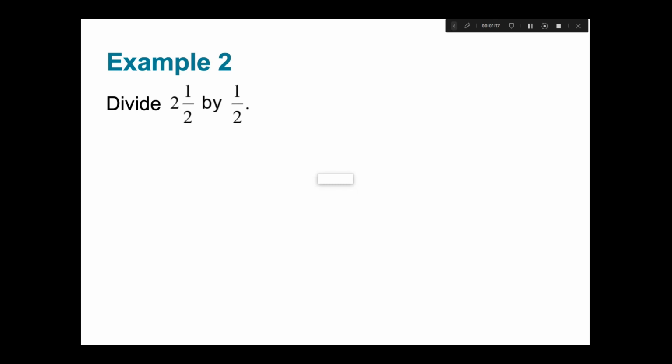Multiply and add. What am I multiplying? 2 times 2 plus 1 gives me what? And what does that have to go over the top of? 2. And I am dividing that by 1/2.